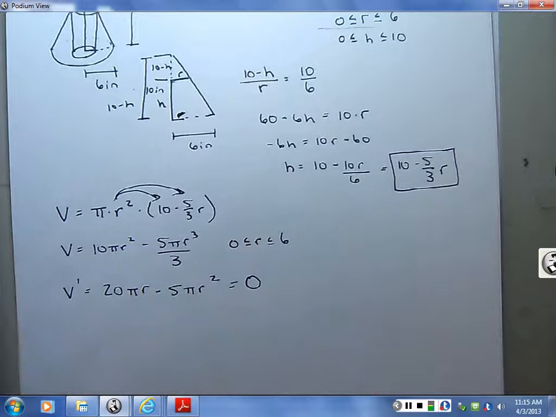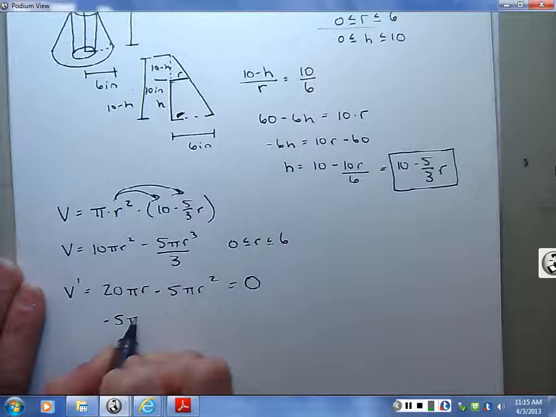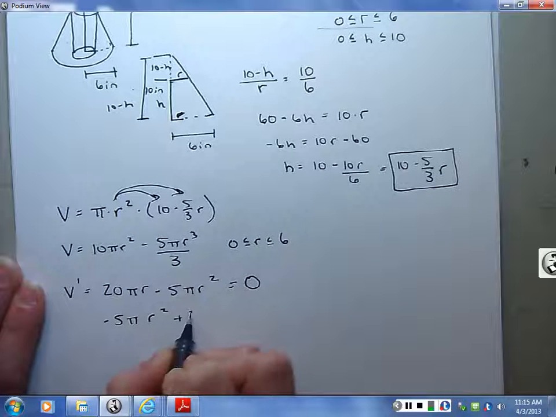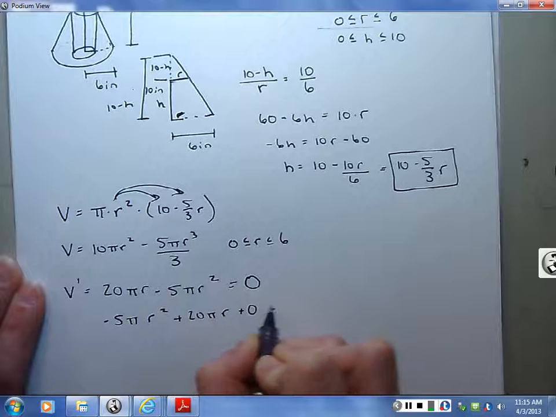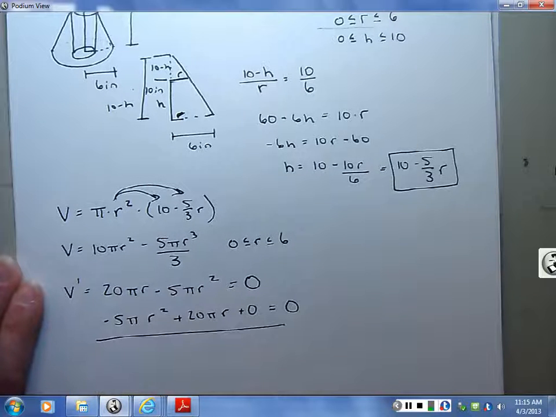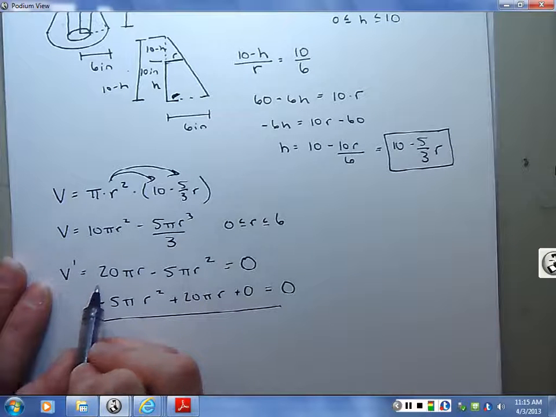So this is a quadratic. You guys can solve a quadratic, right? If I write this as minus 5 pi r squared plus 20 pi r, I could use the quadratic formula, or I could factor out an r.